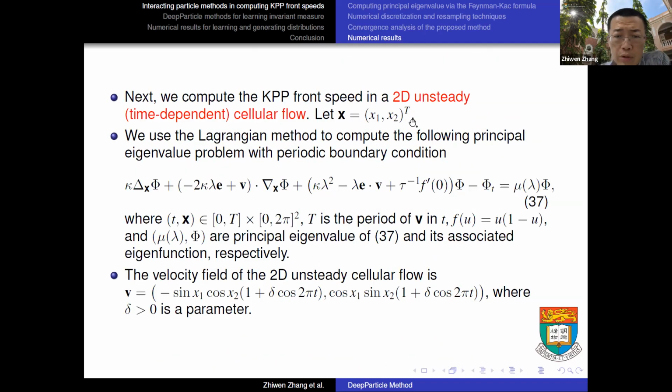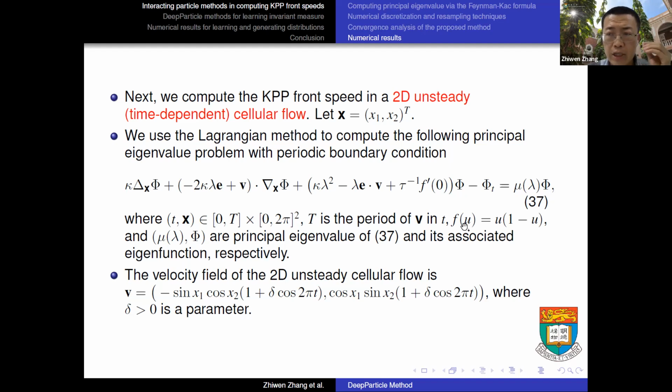Here we also investigate this unsteady, time dependent flow. In this case, the flow velocity depends on time, so we need to solve this parabolic type PDE eigenvalue problem to get a reference solution.